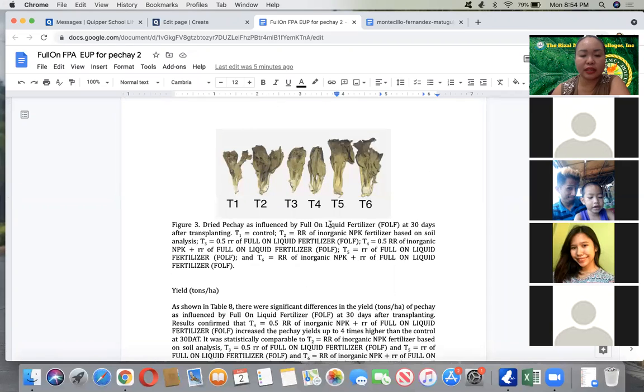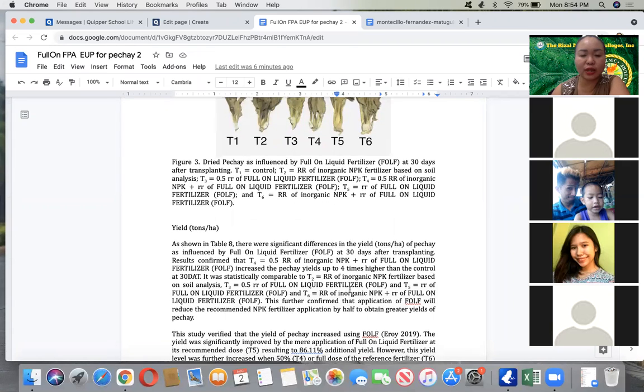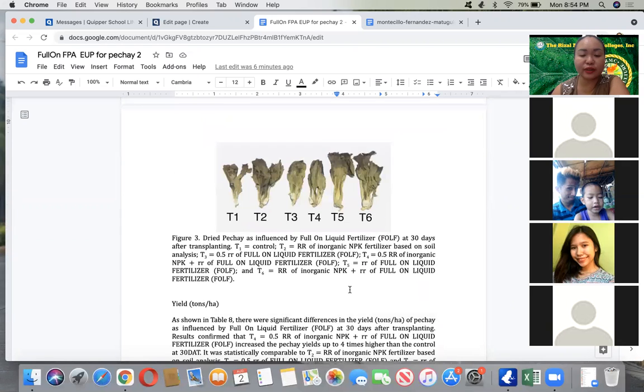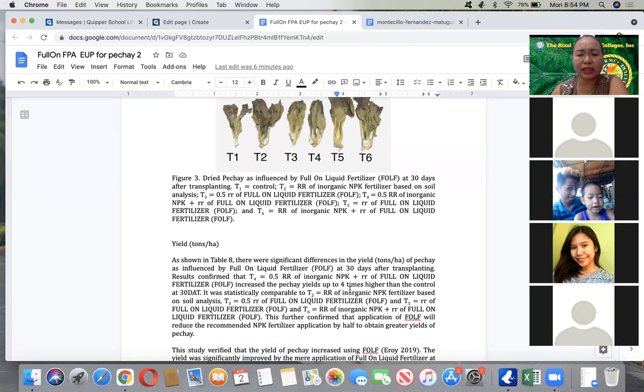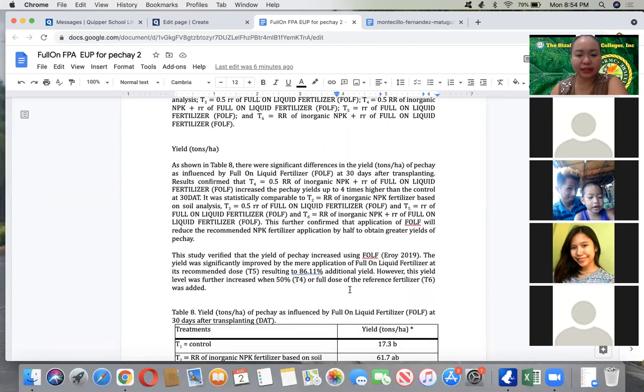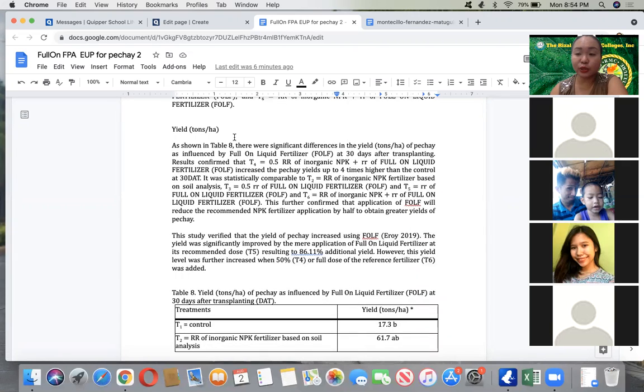Yan. And this is also the figure that will represent kasi kumuha kami ng dry weight. So after drying in the oven, madali lang kasi madry yung pechay, mga 3 to 4 hours. And then you compute the yield using the formula presented earlier.